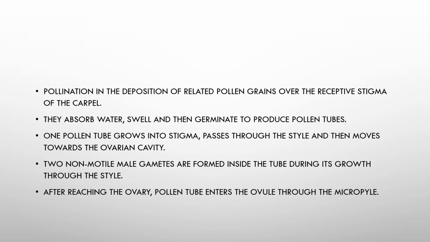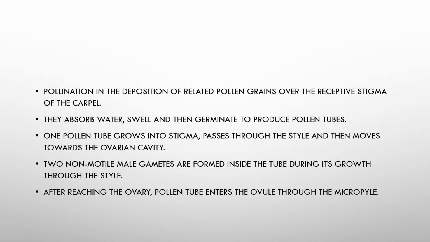When it germinates, it produces pollen tubes. The pollen grain has germ pores, so pollen tubes are developed from the germ pores. One of the pollen tubes grows longer and passes through the style, and then it moves towards the ovary, because the ovary has the ovule and the ovule has the egg.